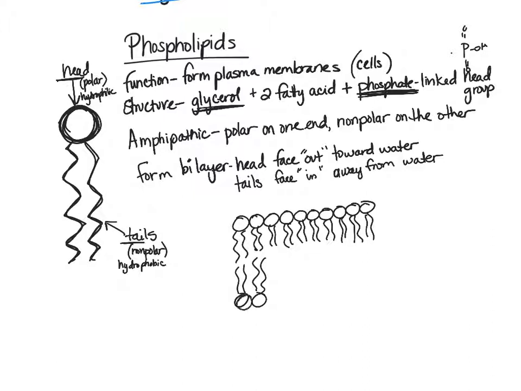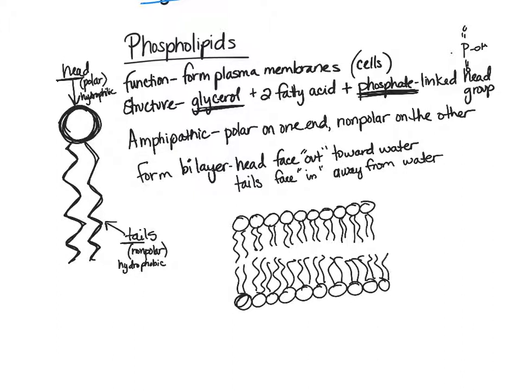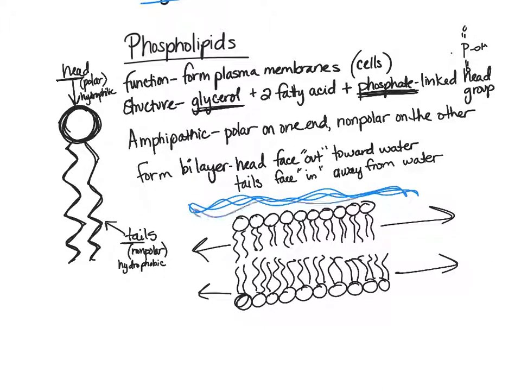Those aren't close enough together, but then we have our phospholipids on this side with the tails facing toward the other tails. This will keep going this way and this way until they form a membrane around the entire cell, or if we're talking about an organelle, it will make the organelle.